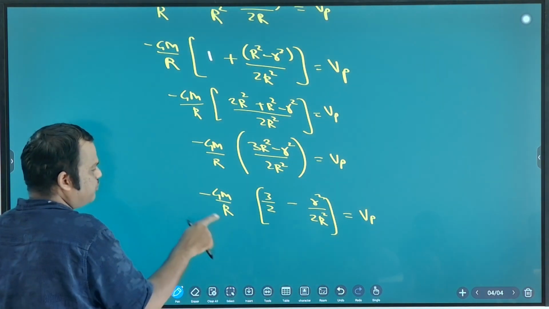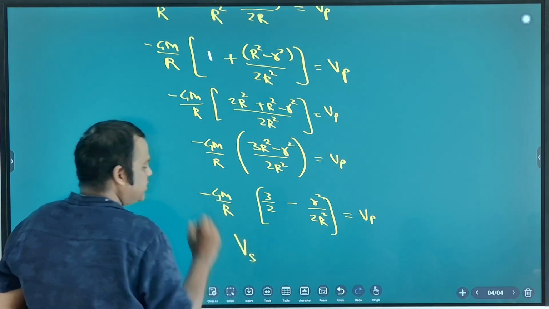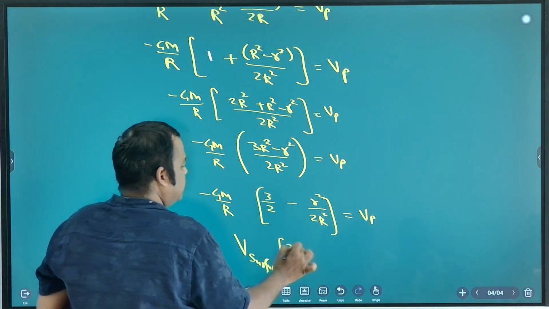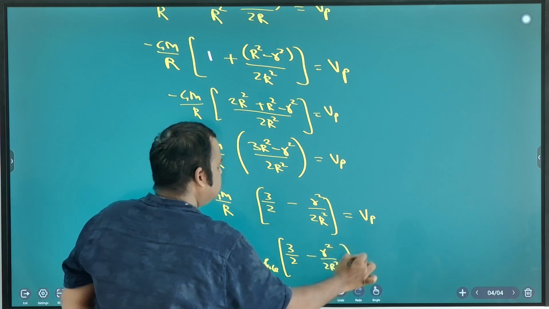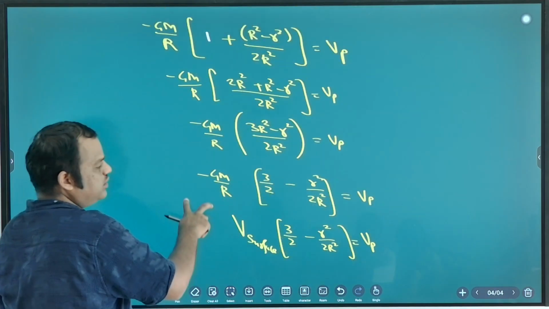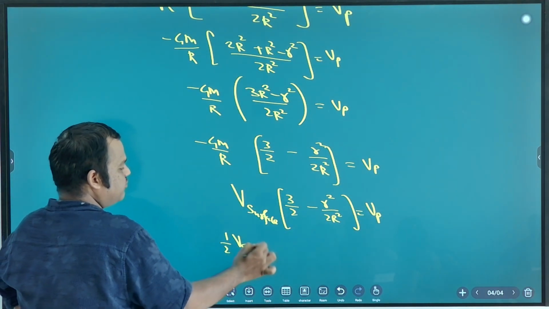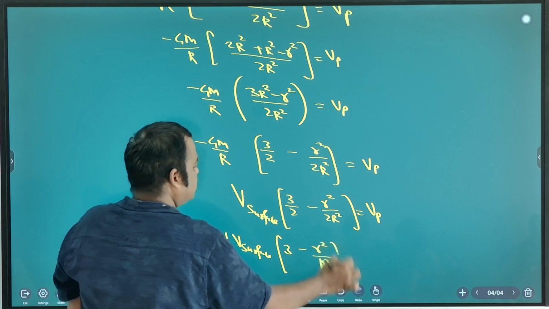So this is potential of surface. Potential of surface in the bracket 3 by 2 minus small r square by 2R square, potential of point P. Now take 2 also common. So 1 by 2 potential of surface into 3 minus small r square by capital R square.